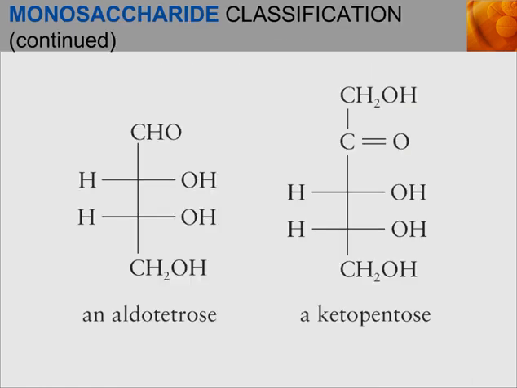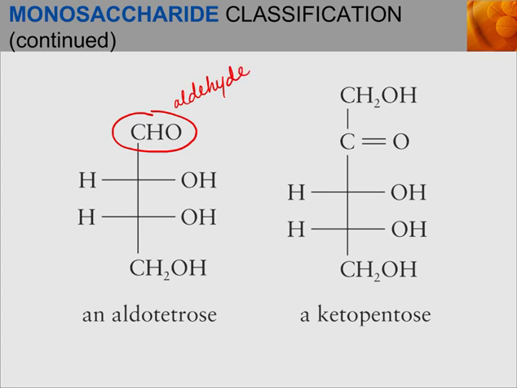As an example, looking at the monosaccharide on the left, we first want to identify, is it an aldehyde or a ketone? So we're going to look at the top, and CHO indicates that we have an aldehyde. That's just the abbreviated form.